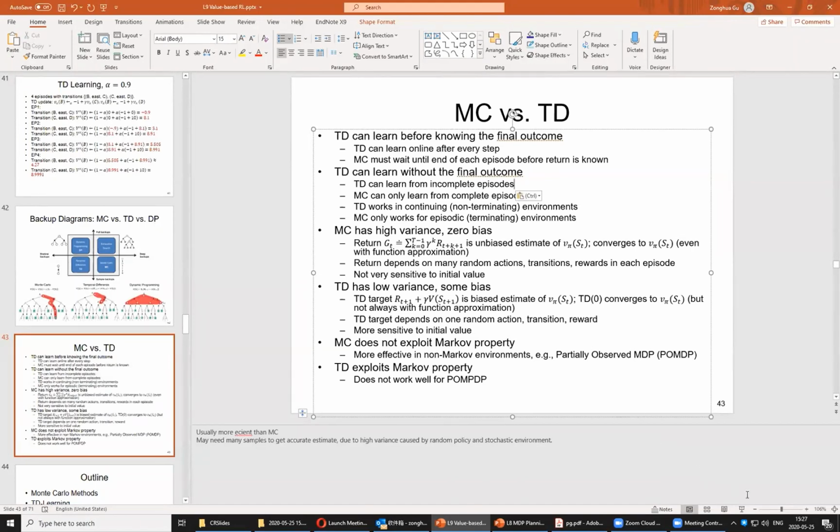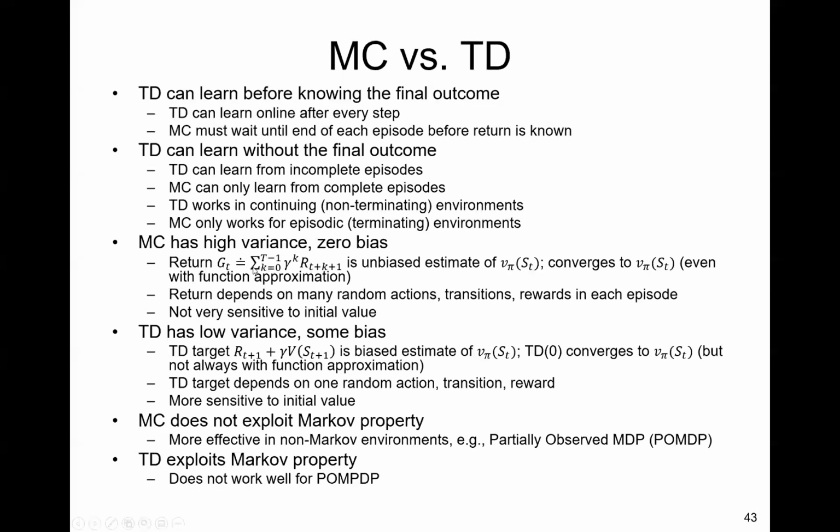MC has high variance and zero bias. The return, the target value, is an unbiased estimate of the value function for state S_t. It converges to V pi of S_t even with function approximation.